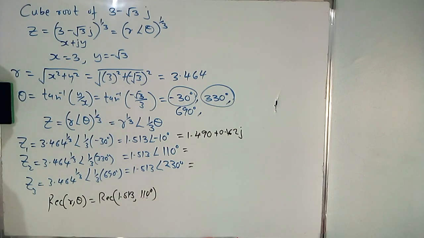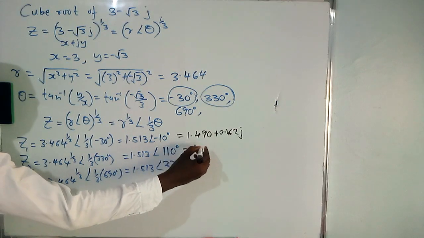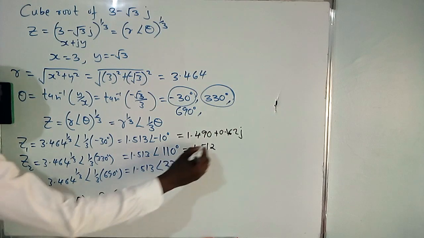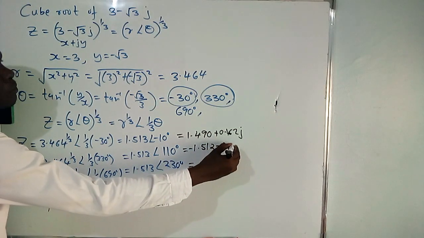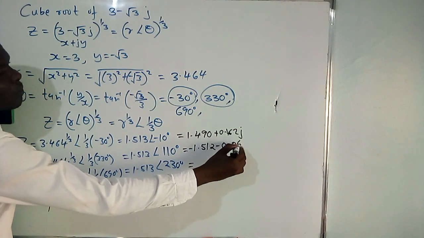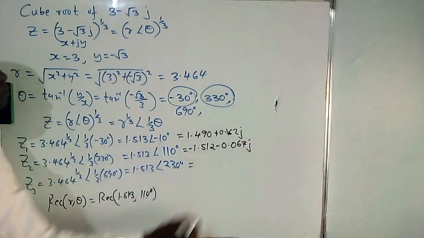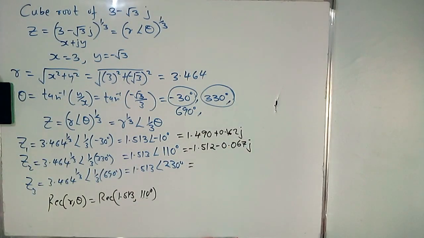You get x to be negative 1.512. Then y you found to be negative 0.067j. So you found x to be negative 1.512 minus 0.067j. So that is in the form x plus yj. Then we move to the next one, rectangular form of r theta.